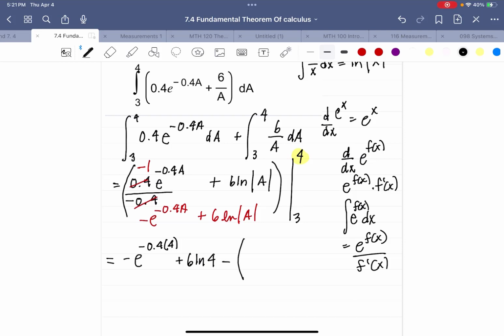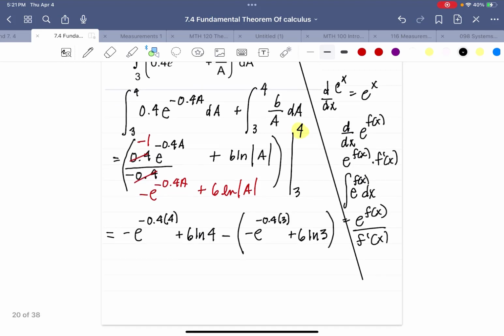Minus, in parentheses, negative e to the negative 0.4 times 3 plus 6 natural log of 3. And again, don't need the absolute value because 3 is a positive number. Let me draw a line down here so you know.